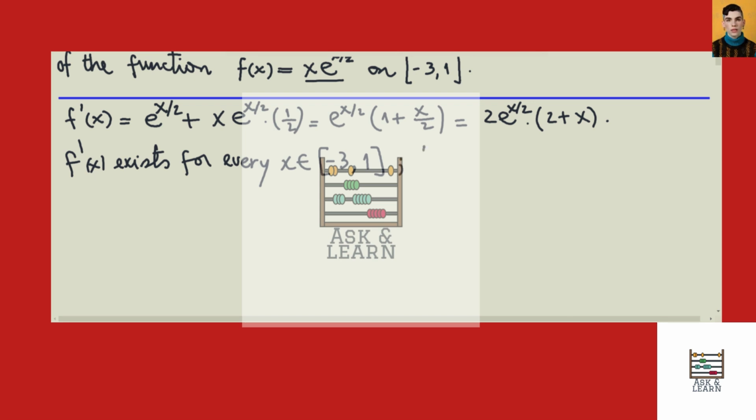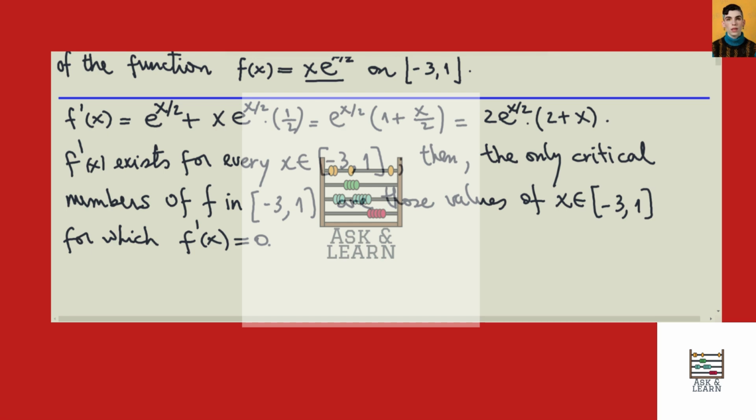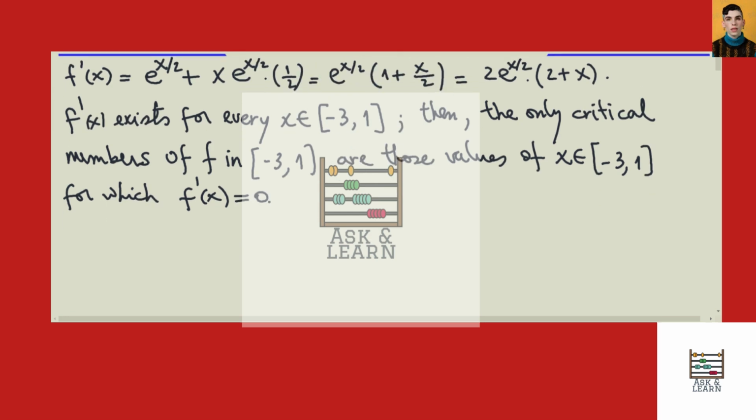And for that reason, we can say that the only critical numbers of f in the interval from -3 to 1 are those values of the argument x in the interval from -3 to 1, for which the first derivative is equal to 0.